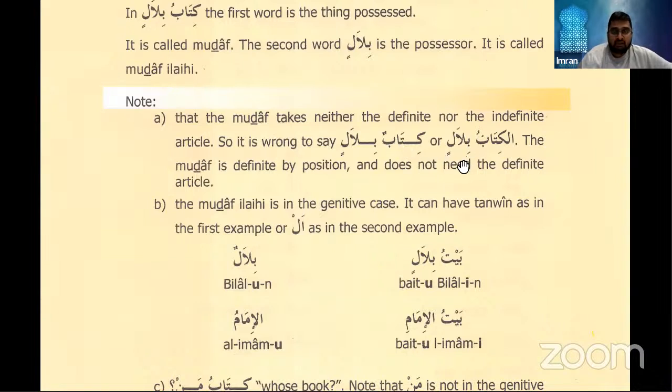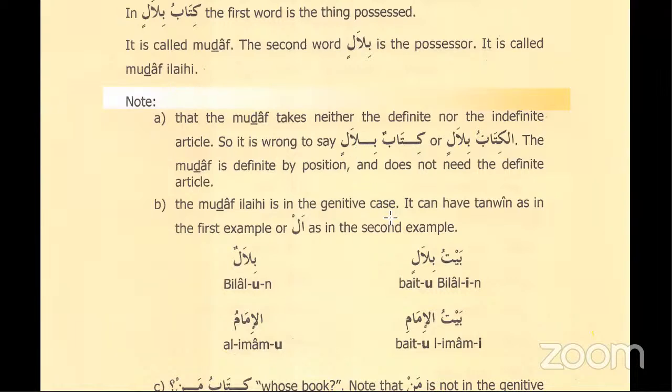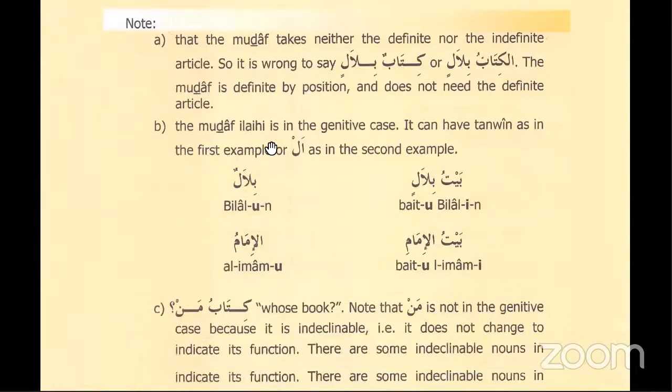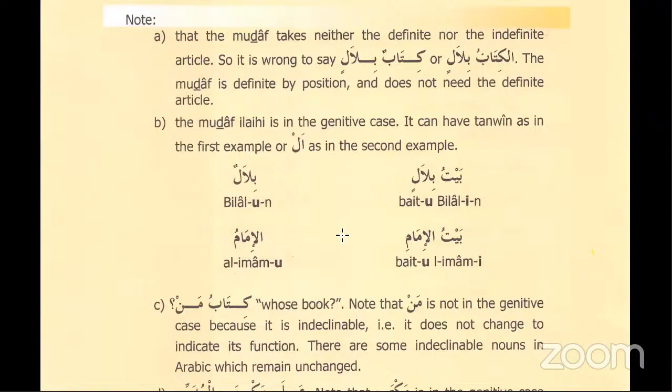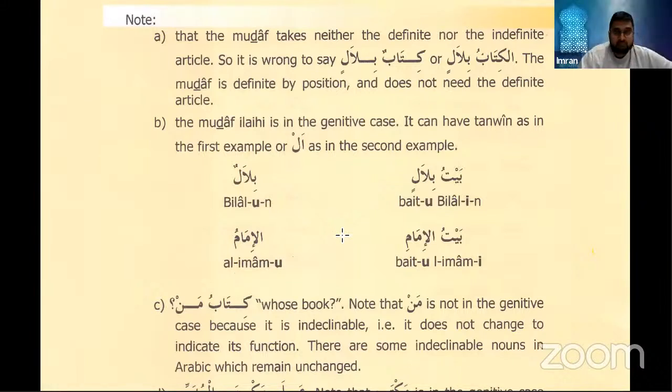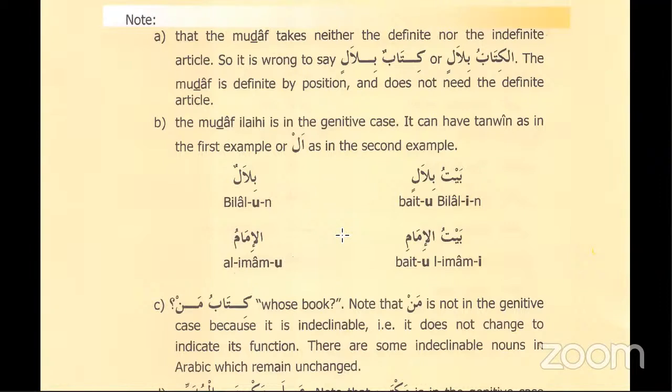Kitabu Bilalin is correct. Okay, the mudaf ilayhi is in the genitive case. It can have tanween as in the first example or al as in the second example. Okay, Bilalin and Baytu Bilalin.